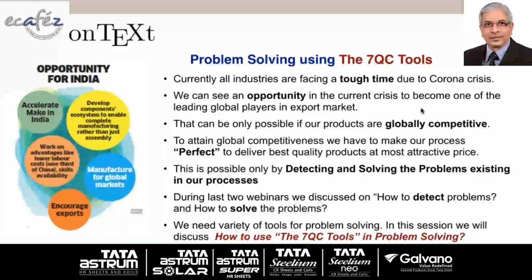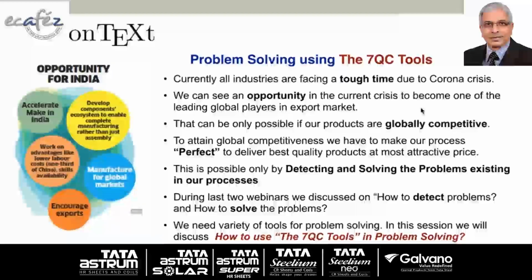to become a global player of manufacturing product. That can only be possible if our products are globally competitive. To make our products globally competitive, we need a very capable, the right word is perfect, process which delivers the best quality products without any flaw.